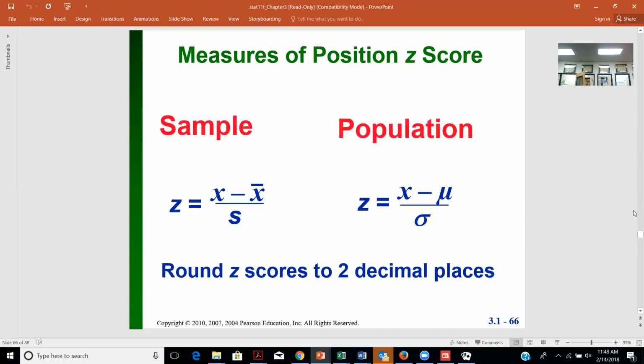But it's calculated for a sample by simply taking the difference between the value and the mean.